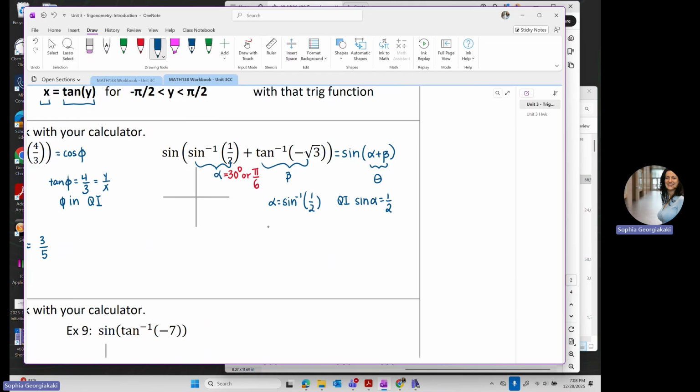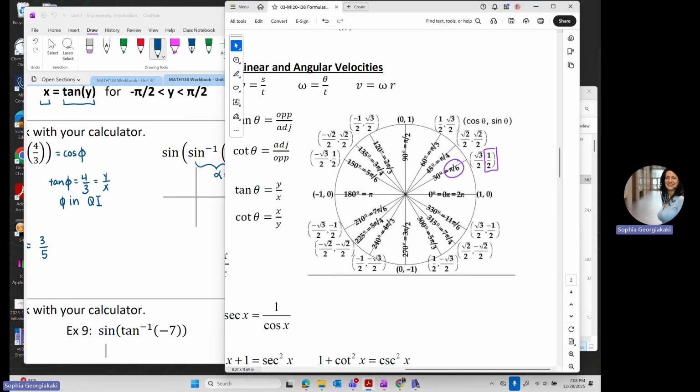The next question is, what is angle beta? Well, beta is the inverse tangent of negative square root of 3. And that means that it is in quadrant 4, and it has a tangent equal to negative square root of 3. So I need to go in my packet again and figure out which sine theta divided by cosine theta will give me negative square root of 3 divided by 1, or square root of 3 divided by negative 1.